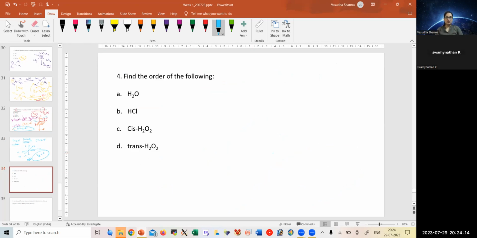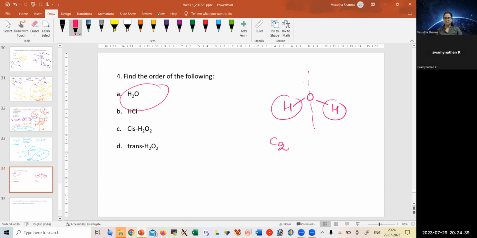Okay. So the water molecule, we have already considered that it has this kind of shape where only 2 atoms are there. So the highest possible proper axis of symmetry would be C2. 2 atoms have to go 180 degrees. So C2 would be one axis, which is going along your oxygen.